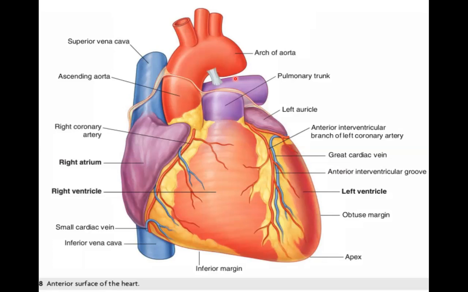As for the first and second, I want a homework from you. The first and second pair of posterior intercostal arteries, where do they emerge from? And as I said, besides the posterior intercostal artery, there is an anterior intercostal artery, which emerges from the internal thoracic artery.